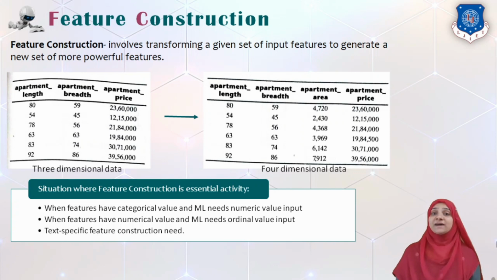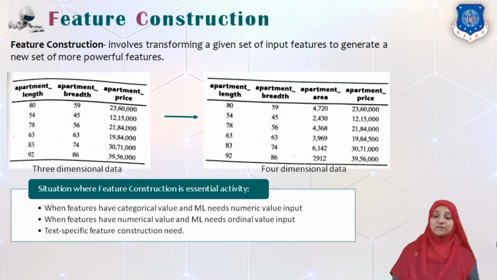If data is already categorical in nature, the machine learning algorithm requires a numerical value for that feature. Say for example, we are supplying the value of blood group like A negative, AB positive, but the system is not ready to accept that kind of input. It requires numerical input. So we need to first convert or construct the set of features accordingly.